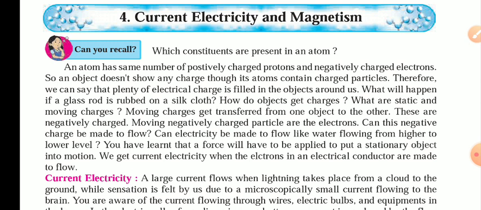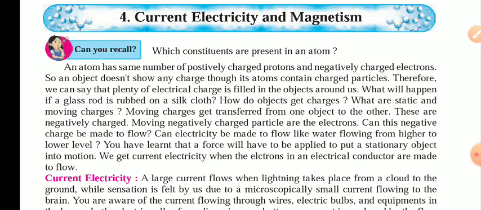Today we are going to see class 8 science chapter number 4, current electricity and magnetism. As we are all aware, current electricity is a very important part of our life, because a number of appliances which we are using work on current electricity, and without that our day will not be complete.